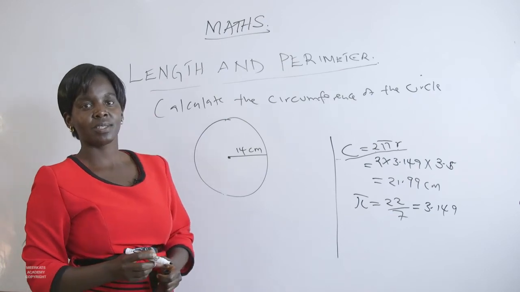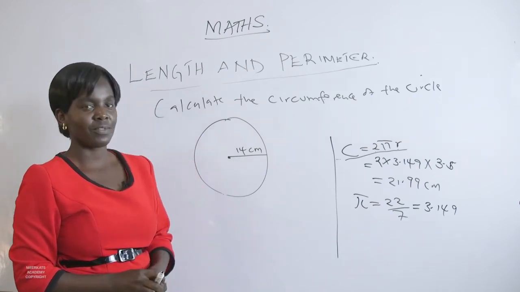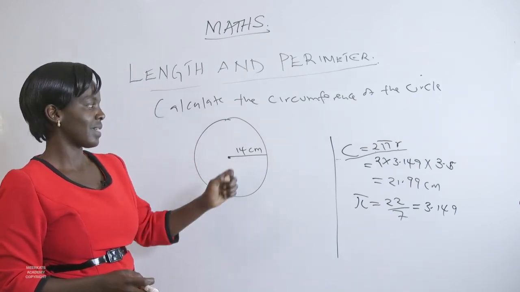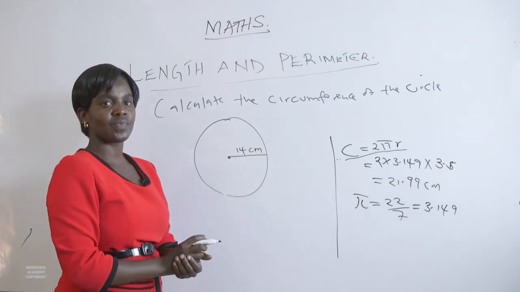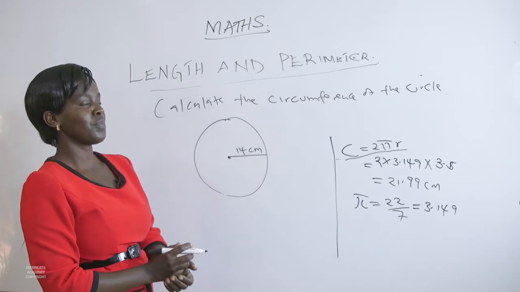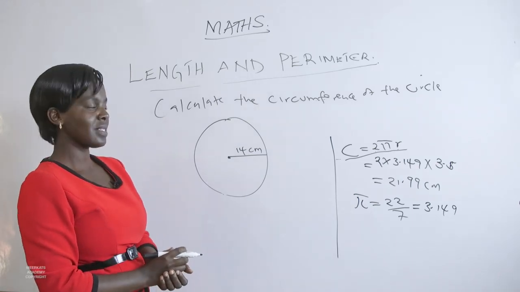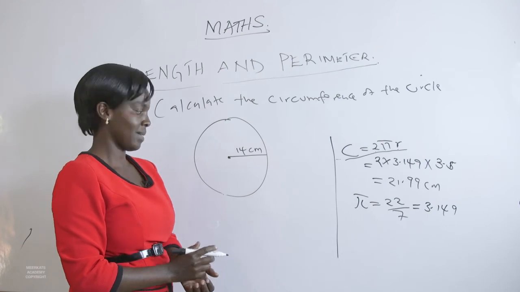Still, you are asked to calculate the circumference of that circle. We are given the radius as 14 centimeters. So what are we going to use? We use the formula circumference is equal to 2 pi r.